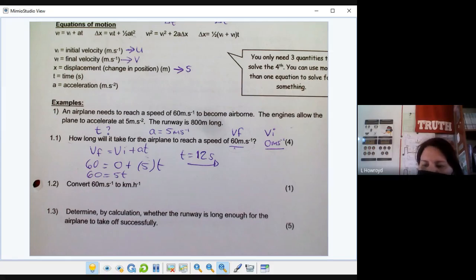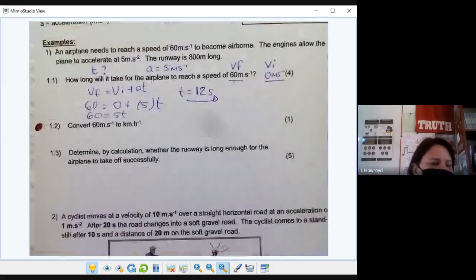Remember I did that whole thing with you? Look in your notes. What page was that on? Page 5. We did the conversions. Okay, do you have it? Girls at home, you see it? Page 5, we did it.